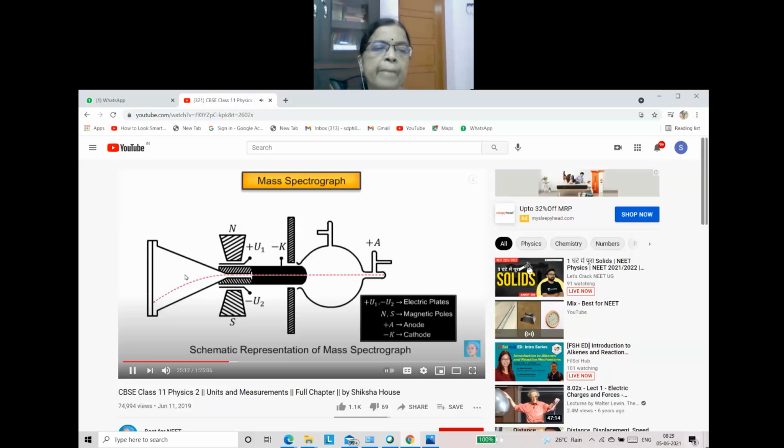Some particles may move straight, some are bending. If the bend is more, that particle has more radius. From the radius, if the curvature is more, that means it is more massive. From the radius they can measure the mass of the particle.